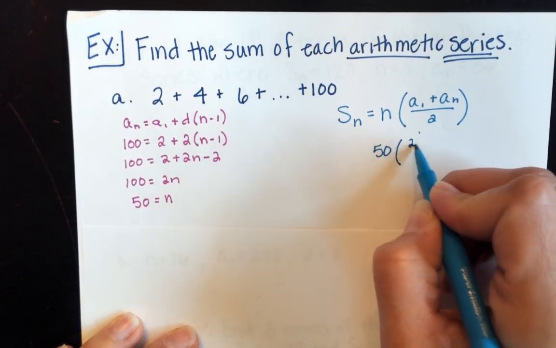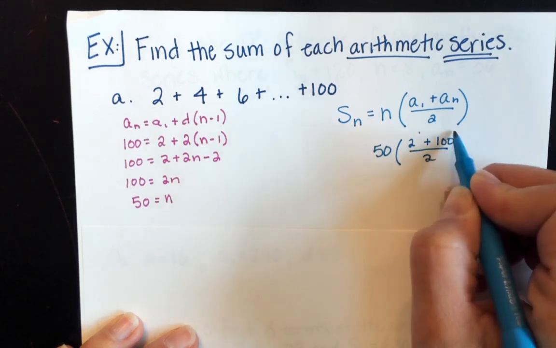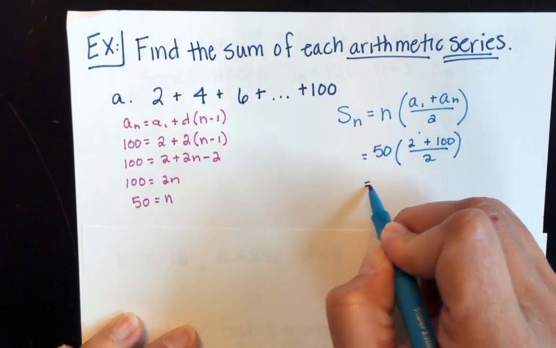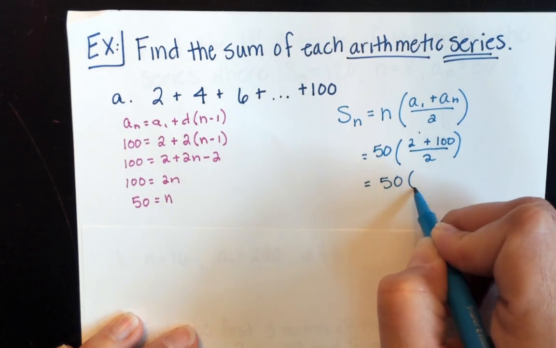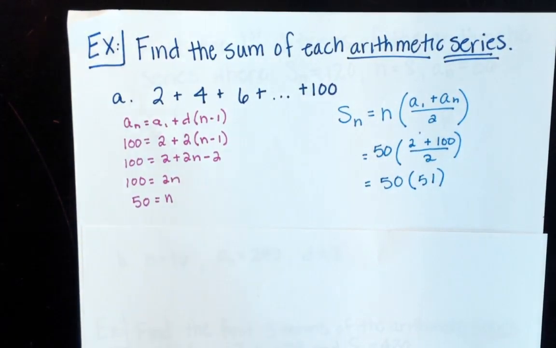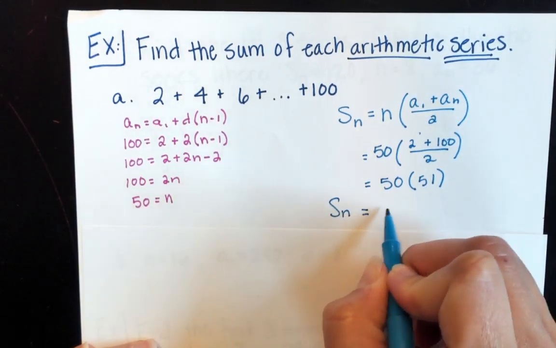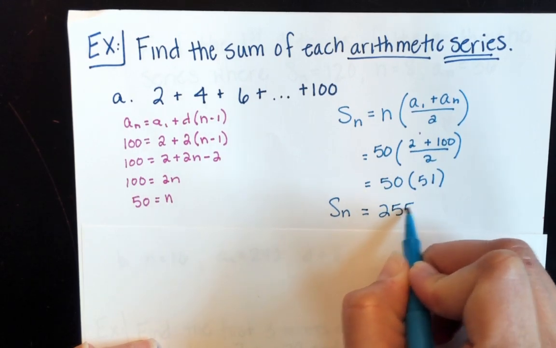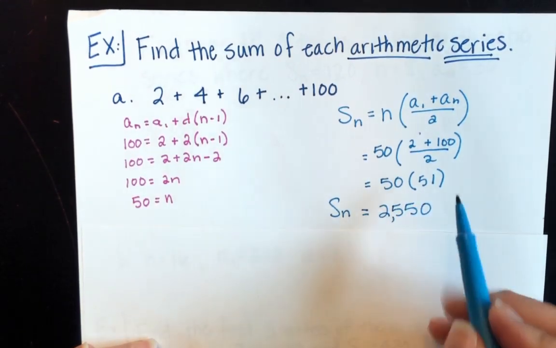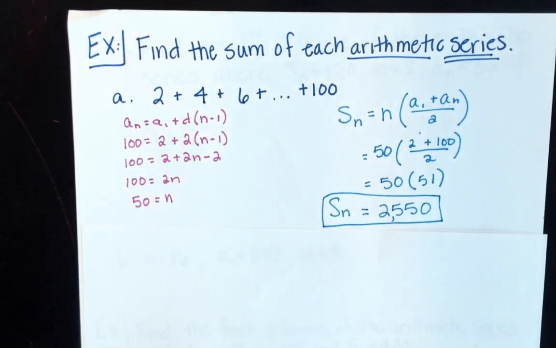And first one was 2, last one was 100. And we end up with 50 times 51. So the 50 numbers in this sequence are going to add up to 2,550.